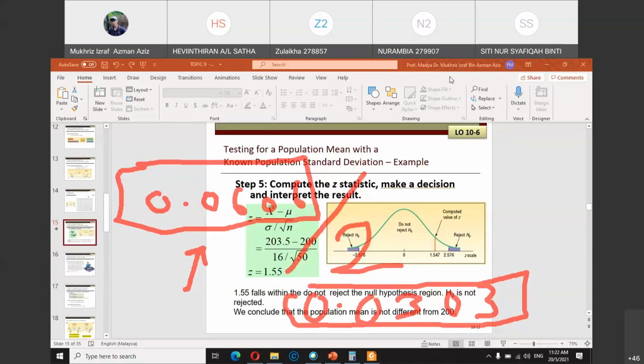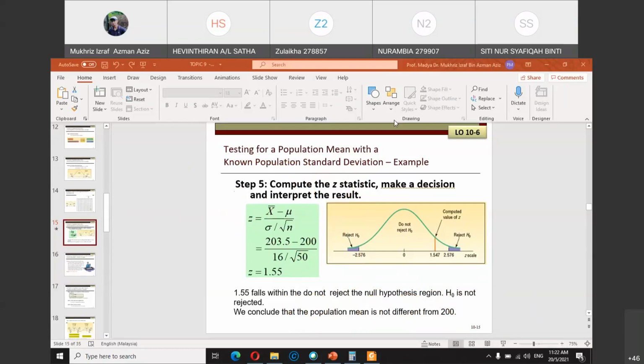So what is the purpose of the p-value? You use the p-value to make your decision whether you are going to reject or not reject. But at this stage of your syllabus, we're not going to focus on using the p-value to make your decision.